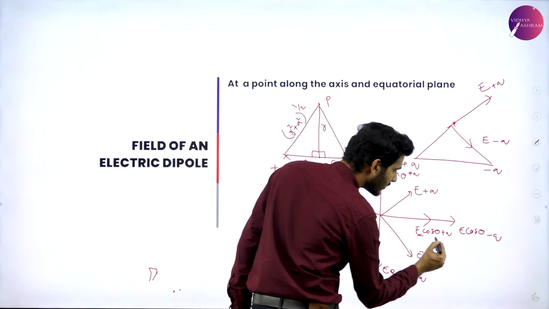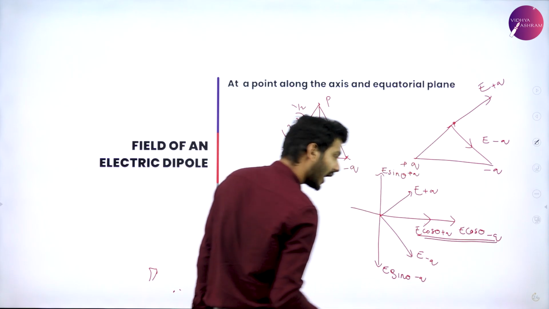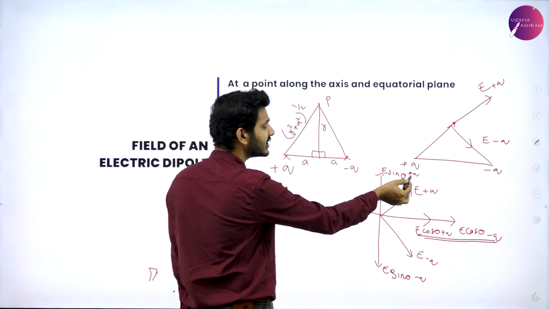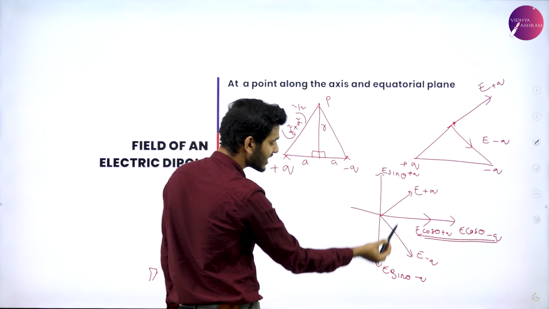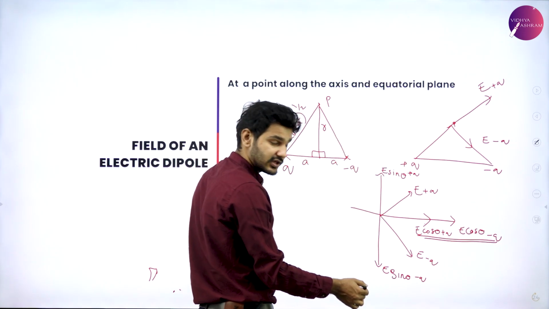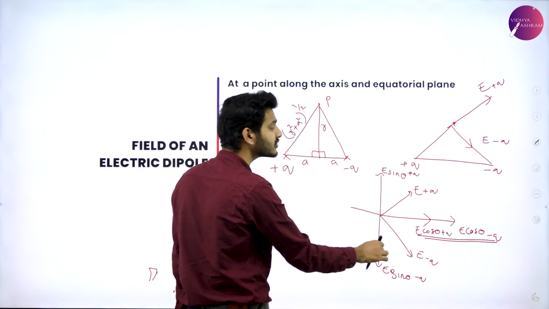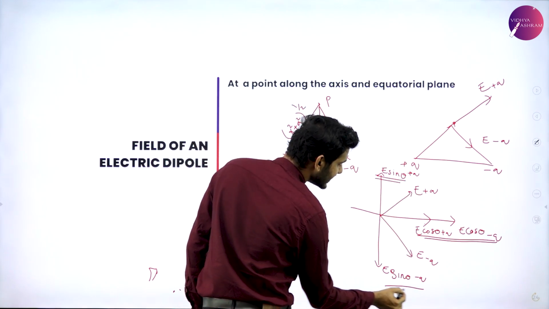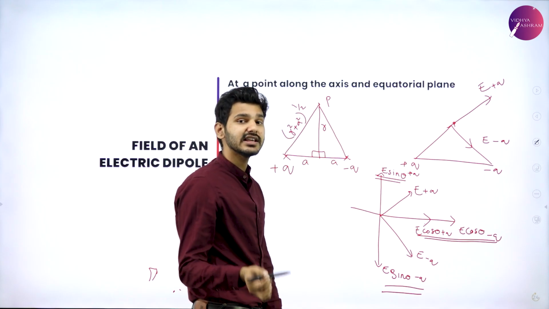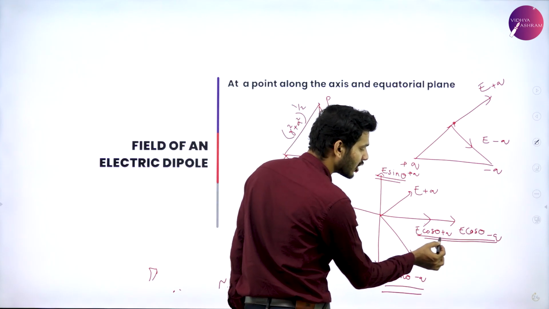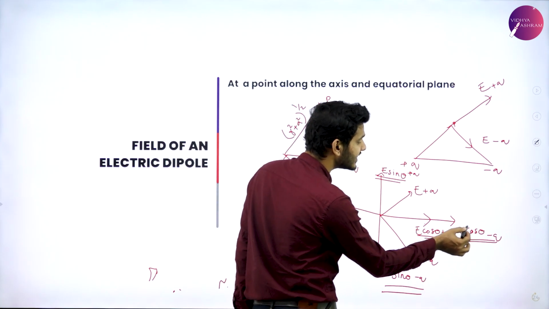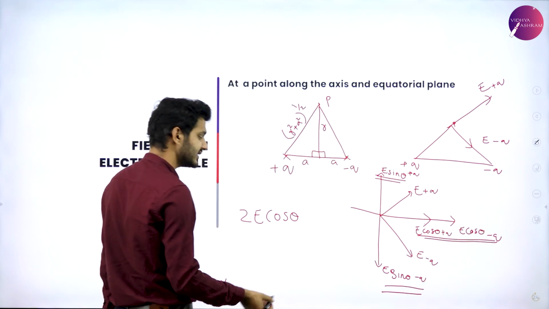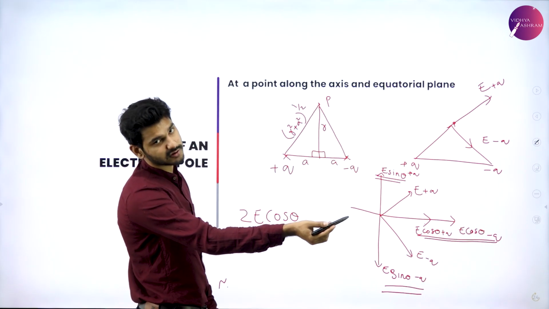So these two components add up, while the direction of E sin theta due to plus Q is in the upward direction, and E sin theta of negative Q is in the opposite direction. So these two components cancel each other out, and the only thing remaining is E cos theta due to positive Q and E cos theta due to negative Q, which add up together, that is E cos theta plus E cos theta.